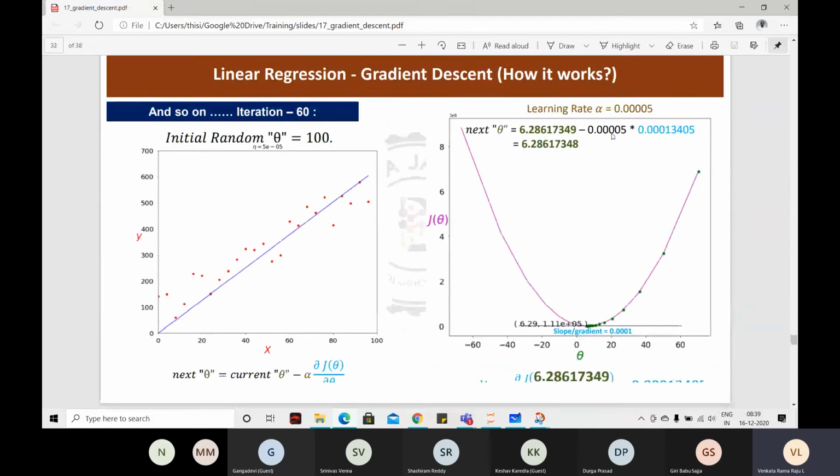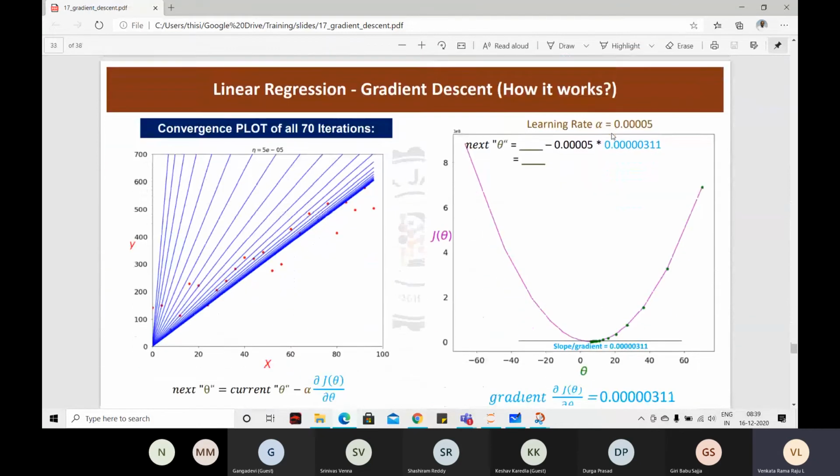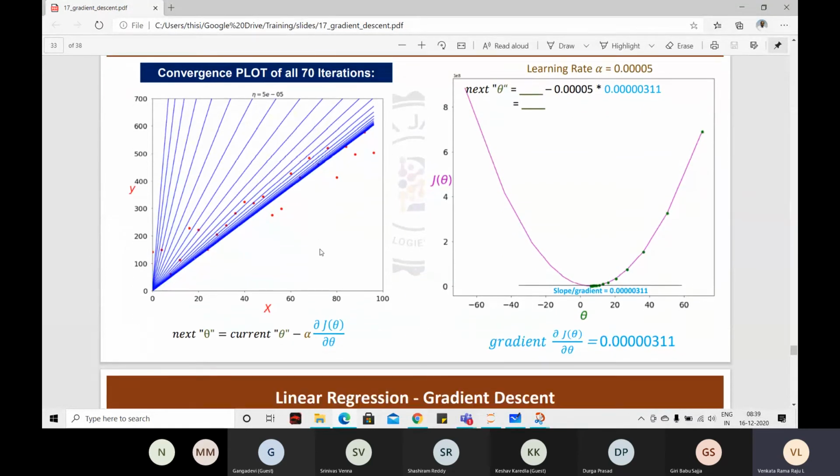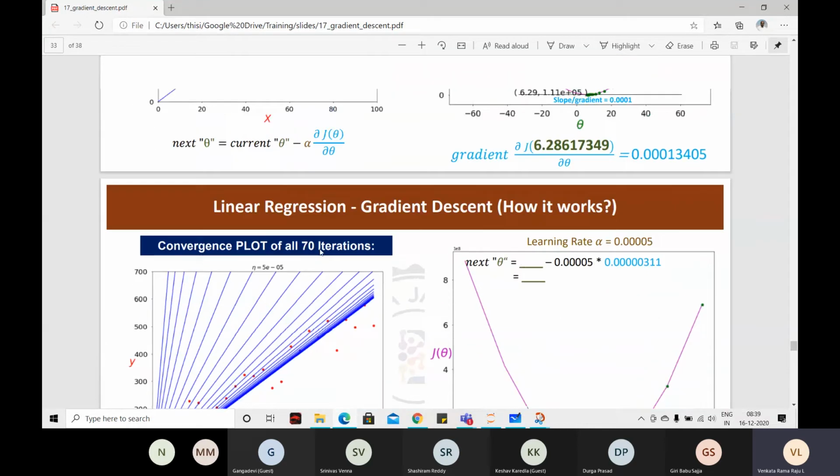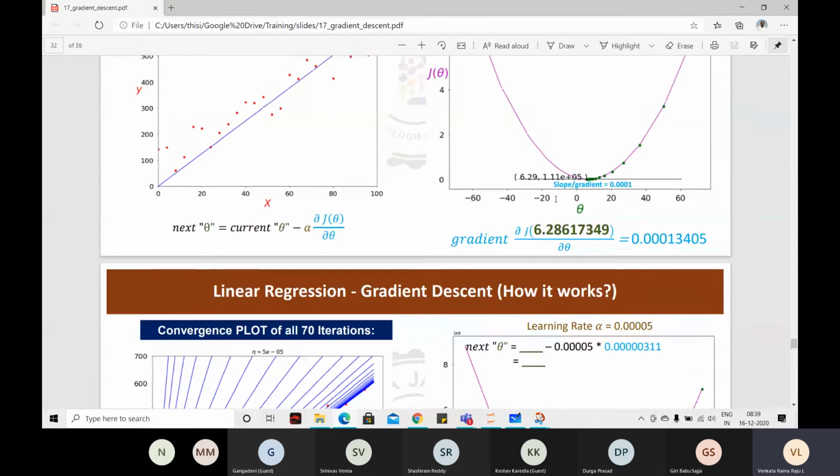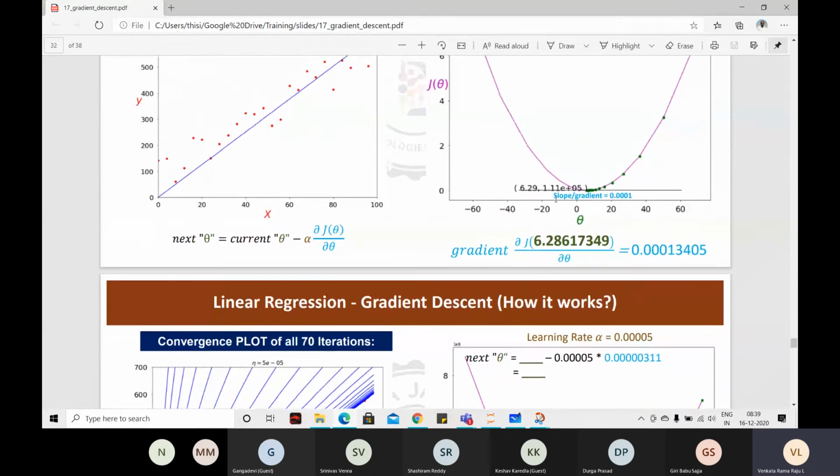By the time we reached here, we found the best thetas. It was modifying this line and reached here. The best theta is around 6.28. So 6.28 into x. We found the best thetas.